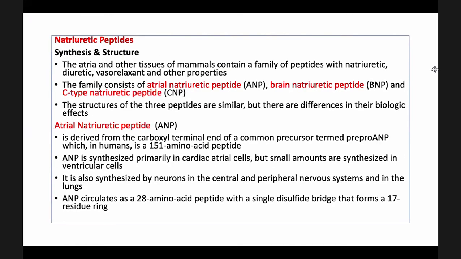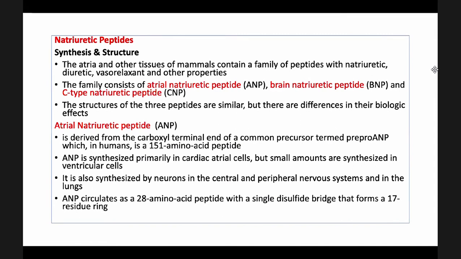The natriuretic peptides are found in your atria. So your atria and other tissues of your mammal contain these peptides. So you have your natriuretic, diuretic, and vasorelaxant peptides. So the family consists of your atrial natriuretic peptide or ANP, your brain natriuretic peptide or BNP, and your C-type natriuretic peptide or CNP.